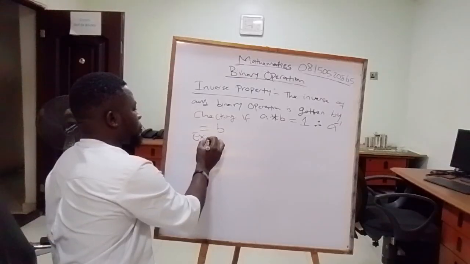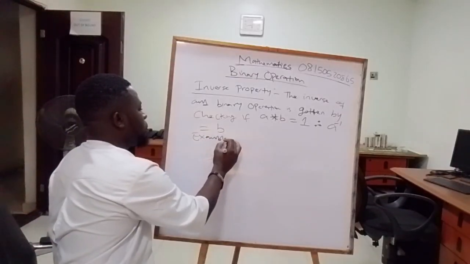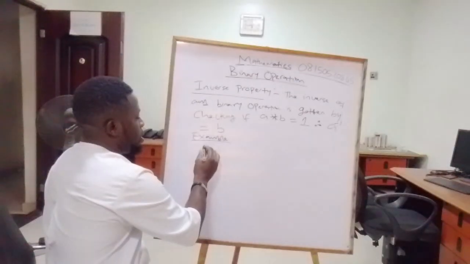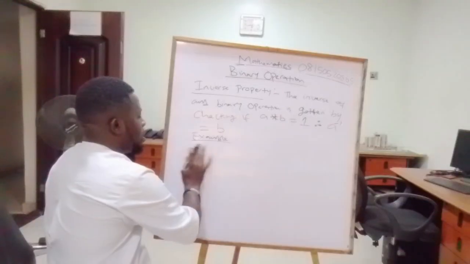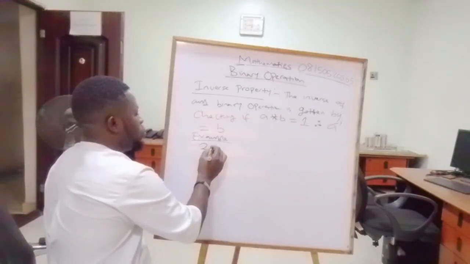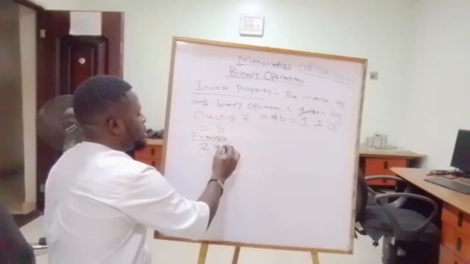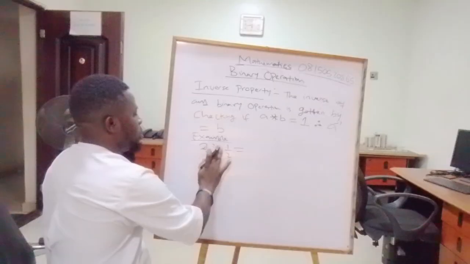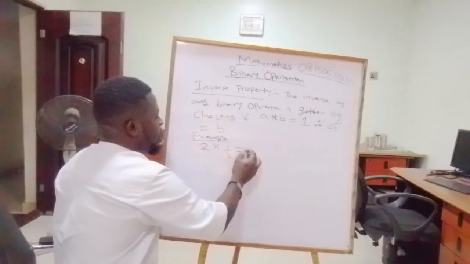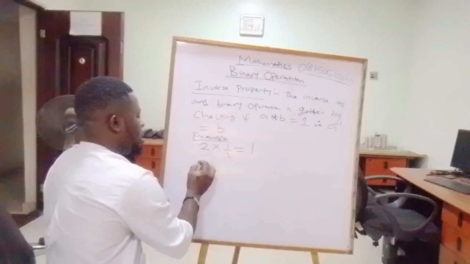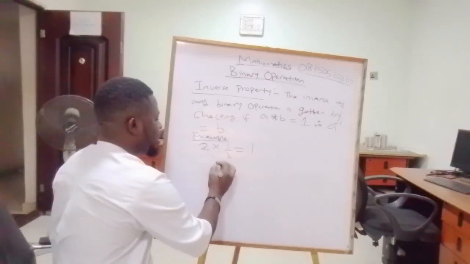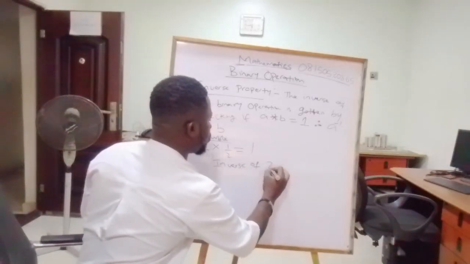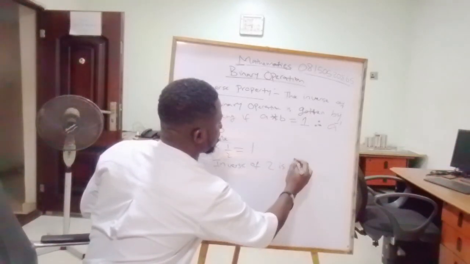Example. If I have 2 operation 1/2 equals to 2 times 1/2, I know that is equal to 1. Therefore, inverse of 2 is 1/2.